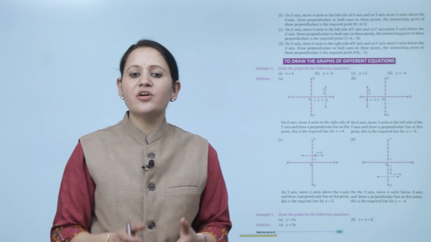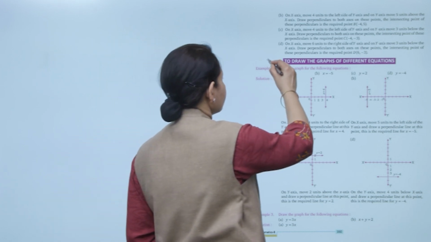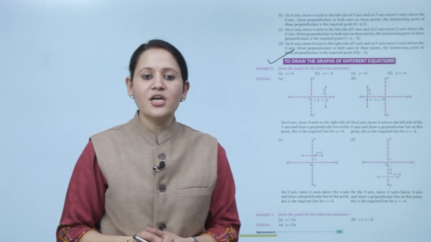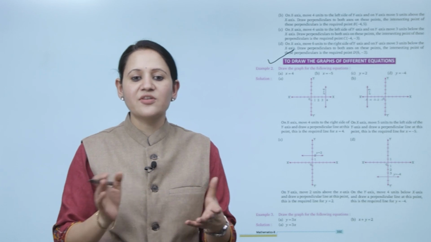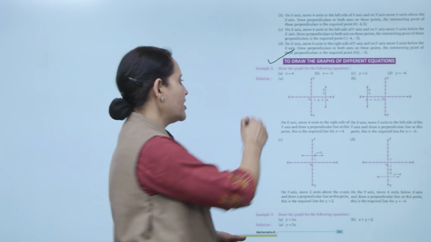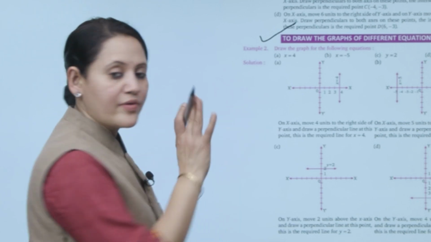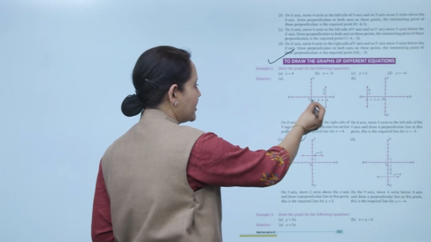Next is to draw the graph of different equations. Now we will take an example. Draw the graph for the following equation. First is x equals 4. So here we have to draw the graph. We have to show x equals 4. So what we'll do? On the x-axis we will move 4 places to the right-hand side here.